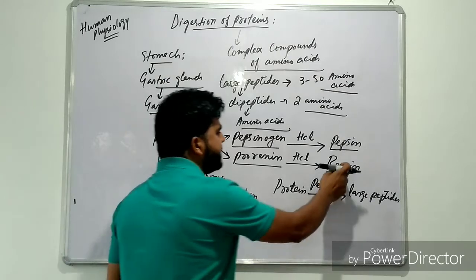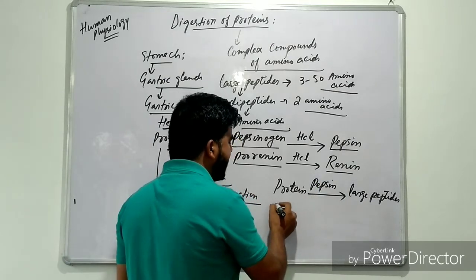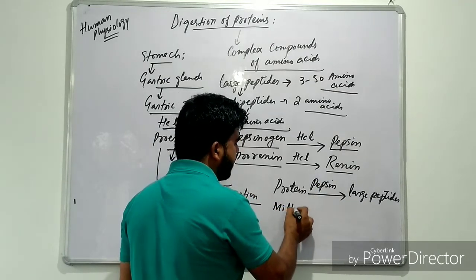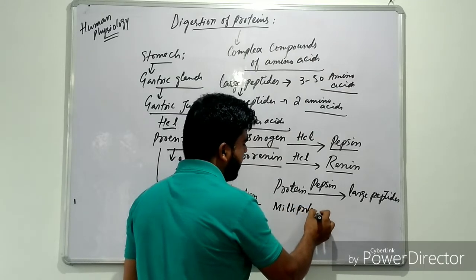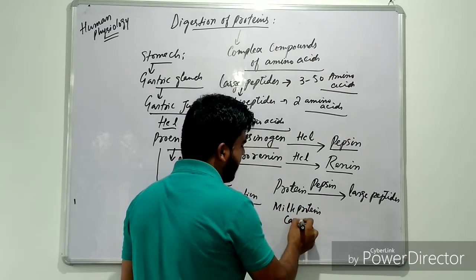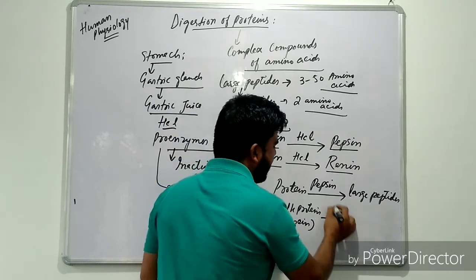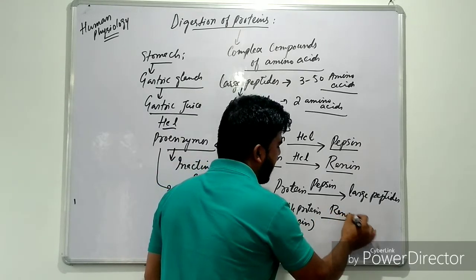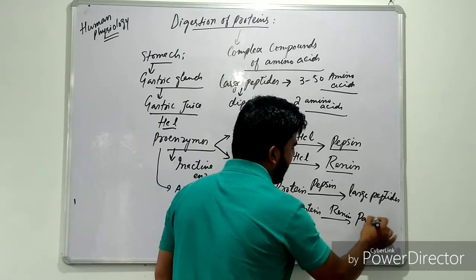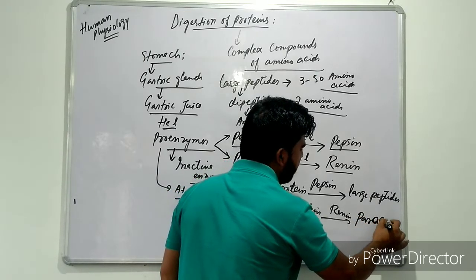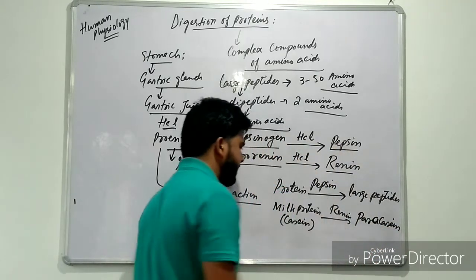Similarly, what does this renin do? Renin acts upon the milk protein, and that milk protein is called casein. Renin acts upon this casein and converts it into paracasein.